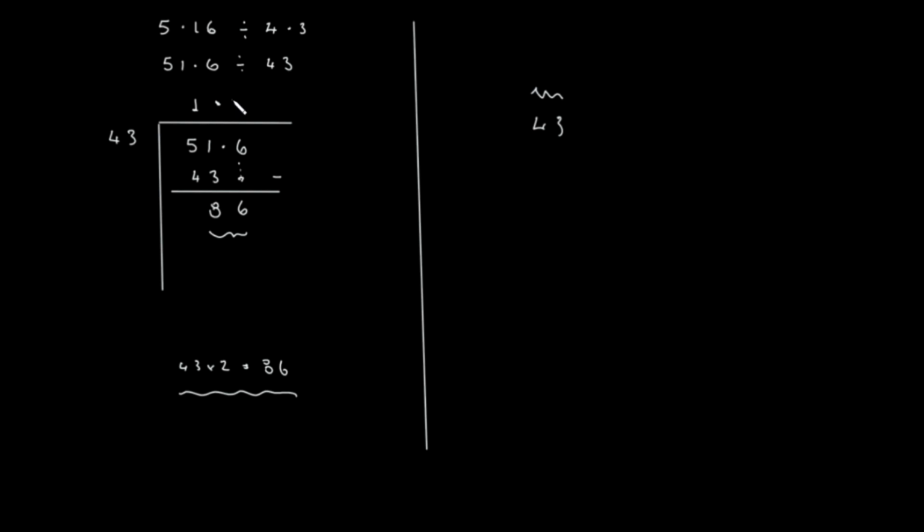So in fact, what we do is we put 2 there. 2 times 43 is 86. And because when we do our subtraction we get 0, we have finished, and we also know that that divides into that exactly 1.2 times, the same way that that divides into that 1.2 times.